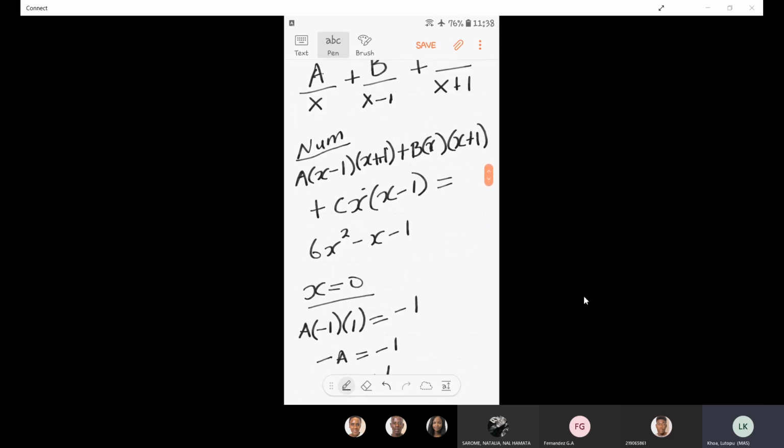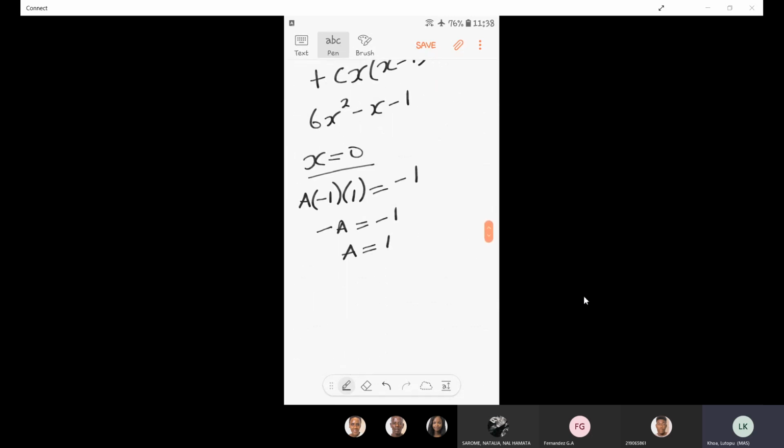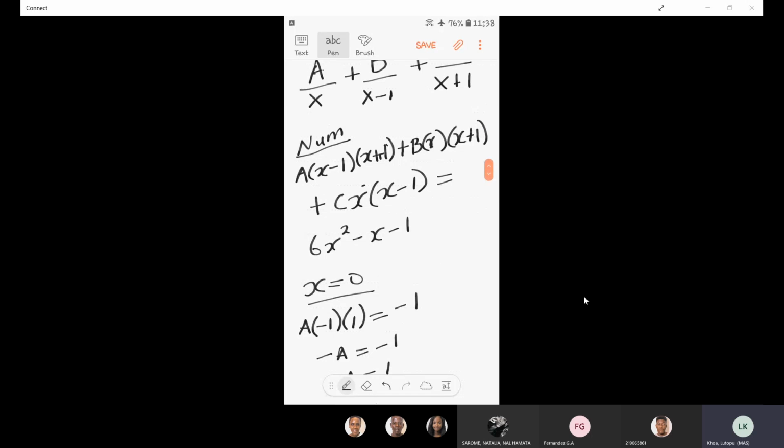So here I see when I substitute x is equal to minus 1, some of the terms will cancel. So I have x is equal to minus 1. Now when x is equal to minus 1, I go back, you will see that this term here will be 0. So when it multiplies out, the whole thing is 0. This one here will also be equal to 0 because x plus 1 will be 0.